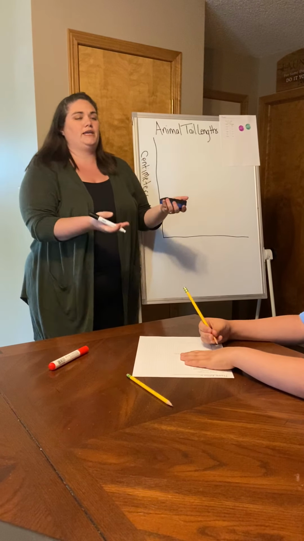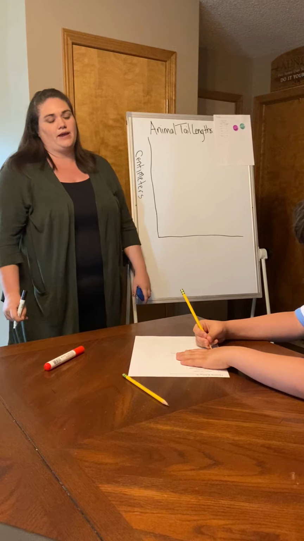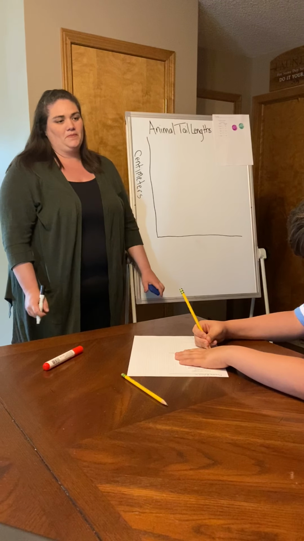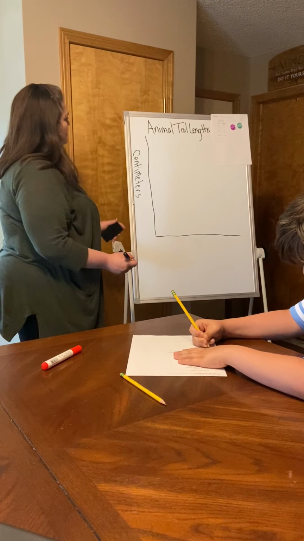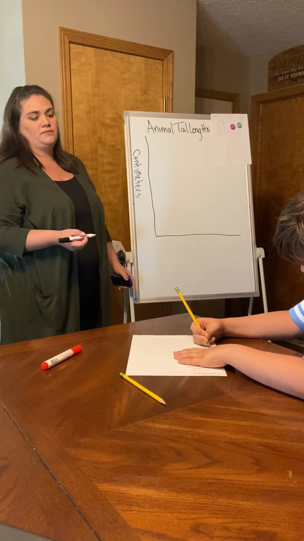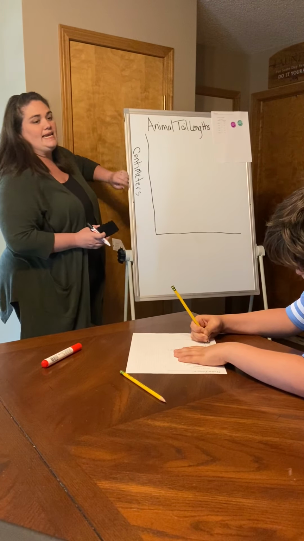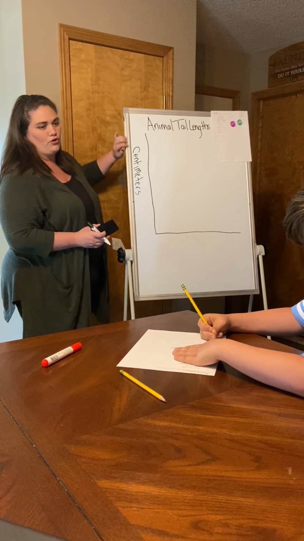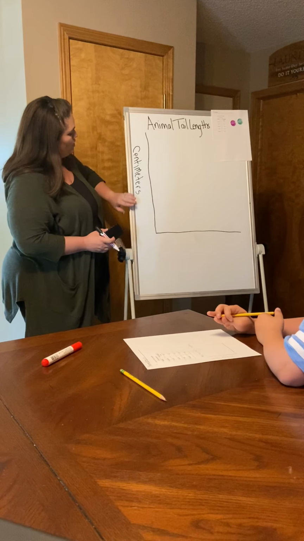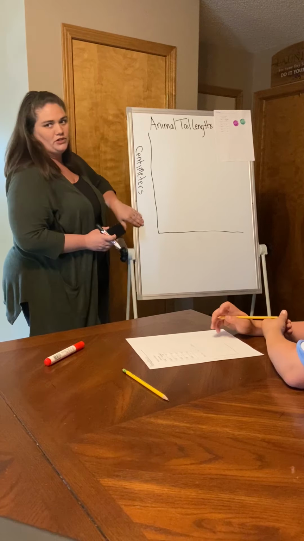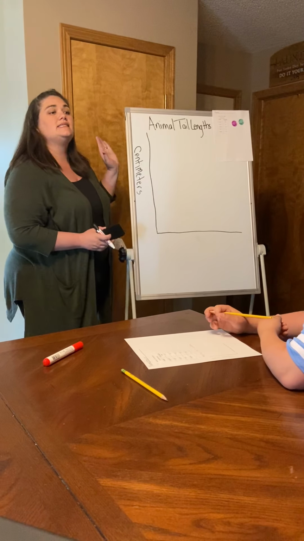Oh, Keegan got it. He just turned his paper so that it's easier to write. I can't do that, can I? Now this is the name of our vertical side. So we know that everything written on this vertical side is centimeters.